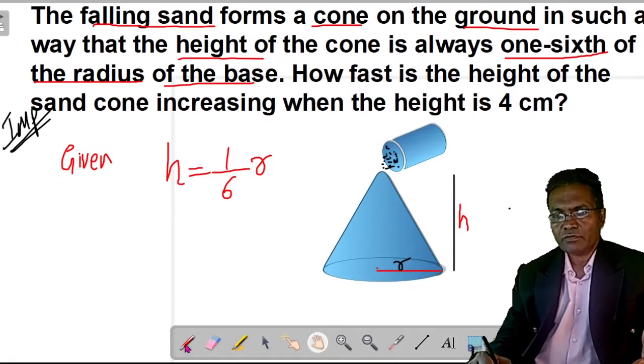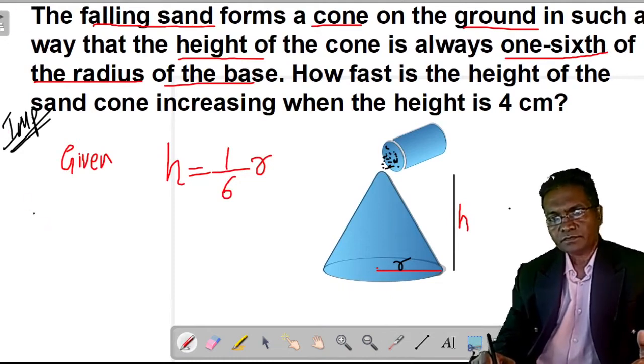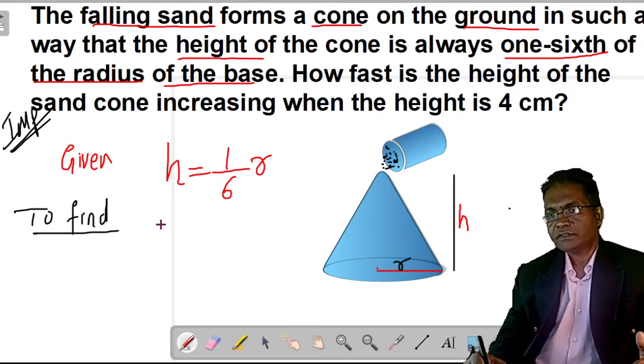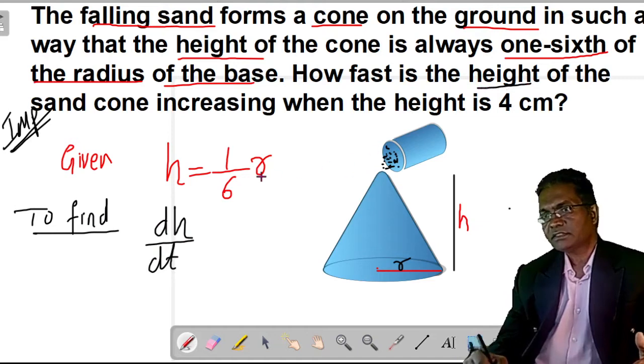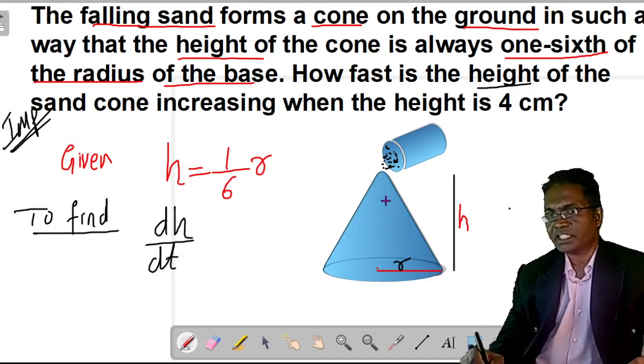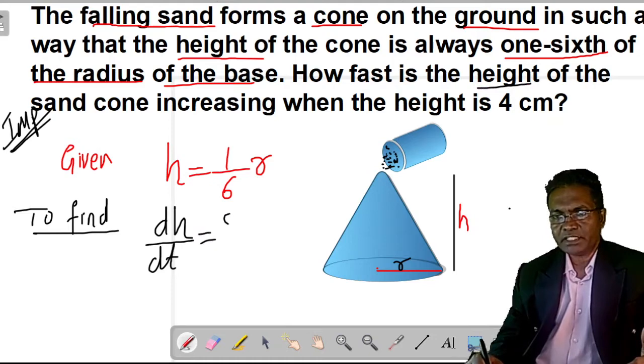So see here what you were asked. You have to find dh by dt, how fast the height of the sand cone is increasing when h is 4 centimeter.